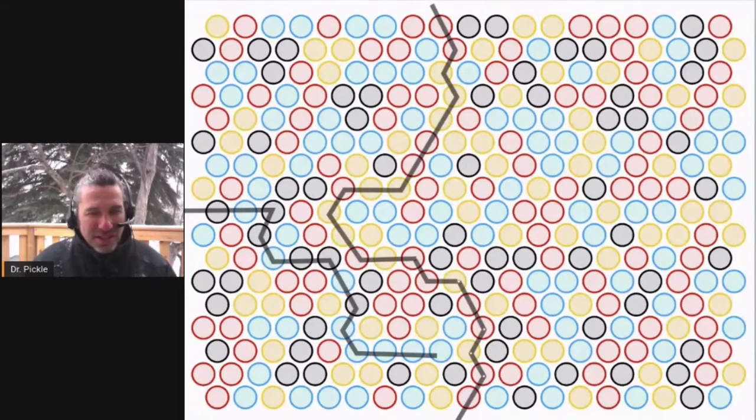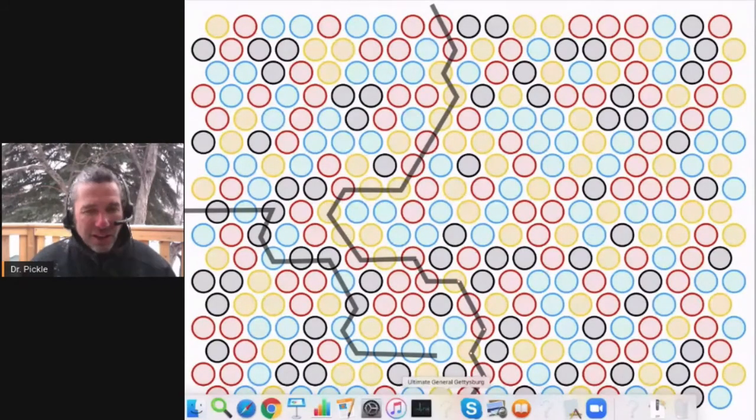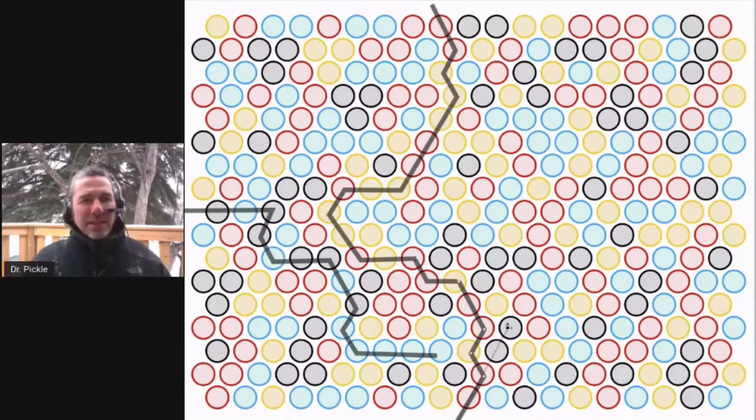So you can see I got from the top to the bottom with red and yellow. That obviously means that from the left to the right, it's impossible with black and blue. So this is for sure an impossible problem. So that's exactly what I was looking for. So we solved this with black and red, and we showed that it was impossible with black and blue.